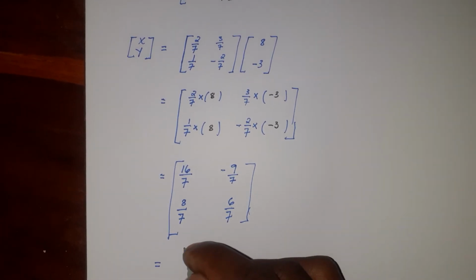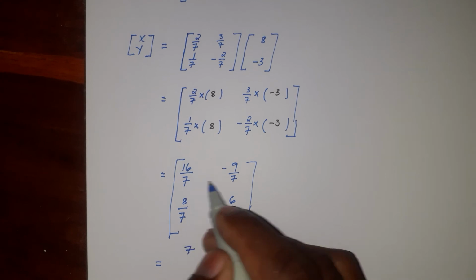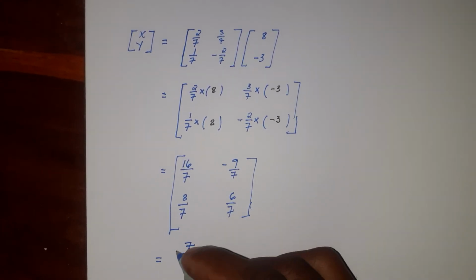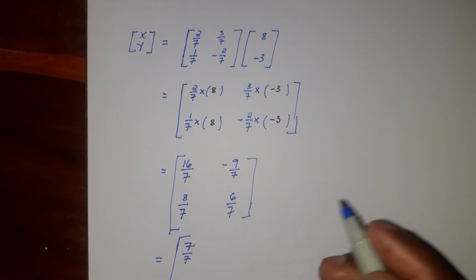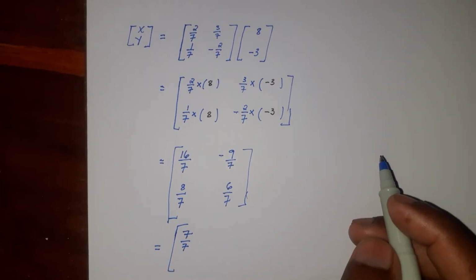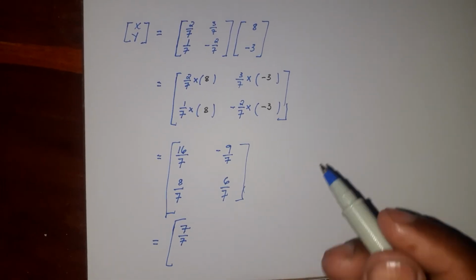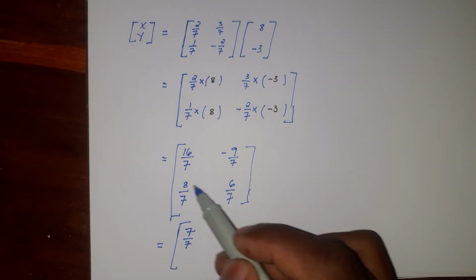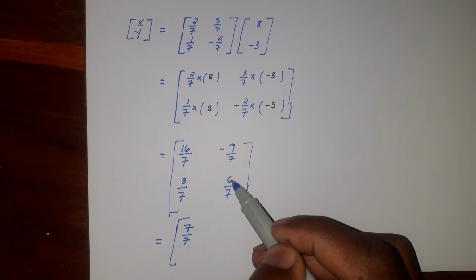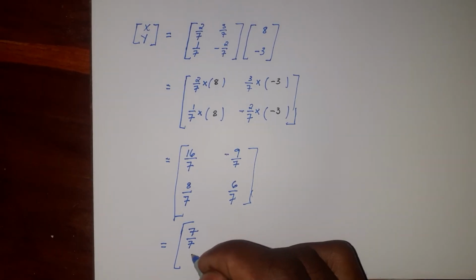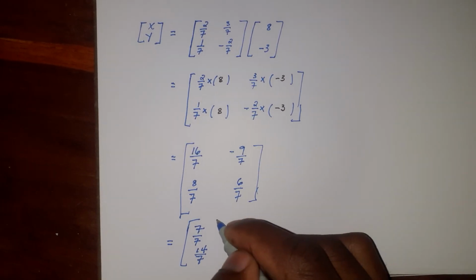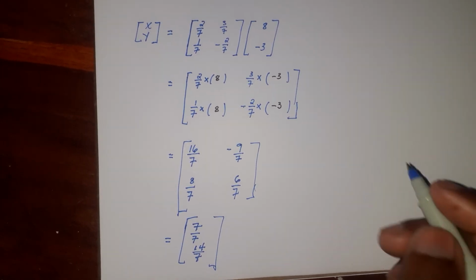That should give us 7 over 7. We are done with the first two. Now let's move on to these two. 8, since they're all positive, we say 8 plus 6. We should get 14 over 7. And then we put bracket like that.